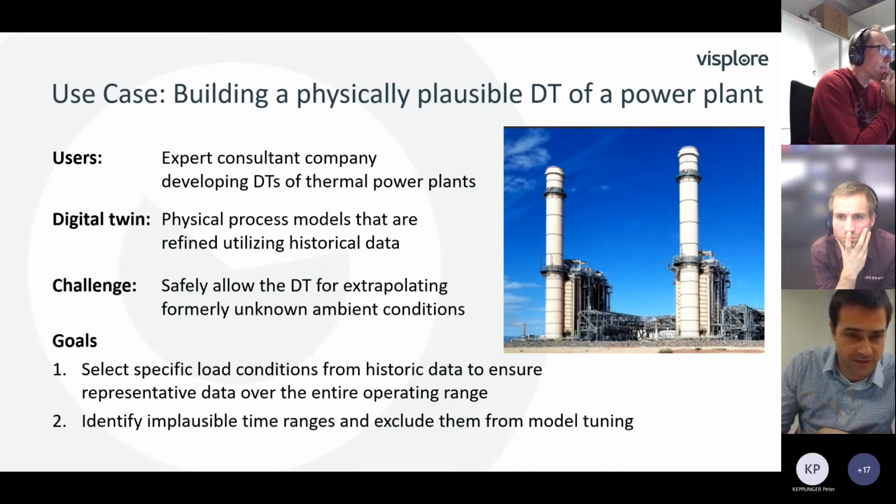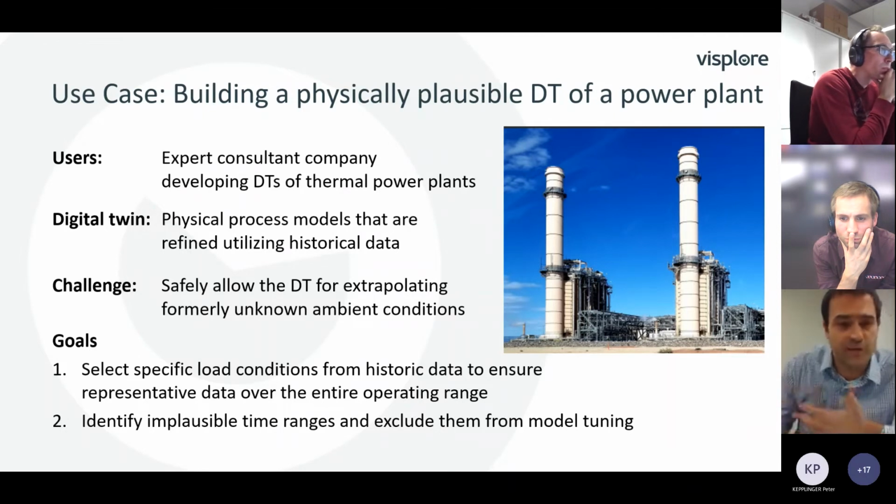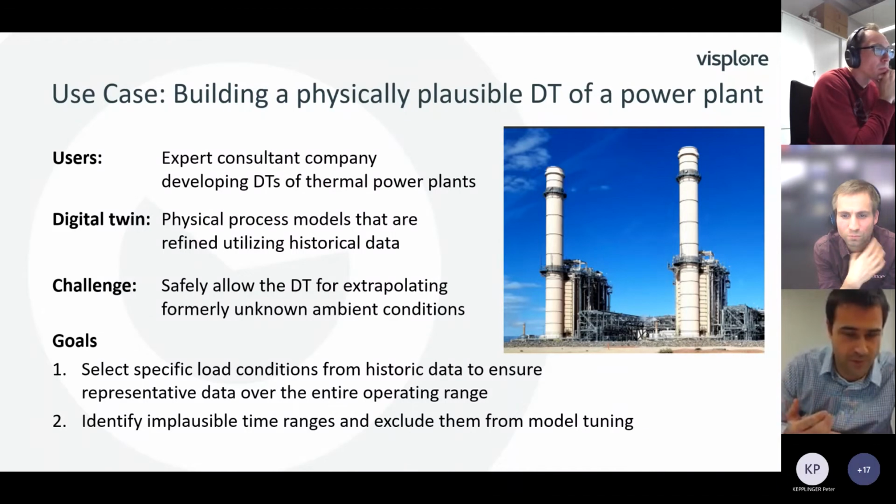The digital twin in this case was a physical process model that is refined utilizing historical data. One of the biggest challenges is that this historical data actually doesn't cover all possible ambient conditions, and the digital twin should be able to extrapolate also to formerly unknown ambient conditions.